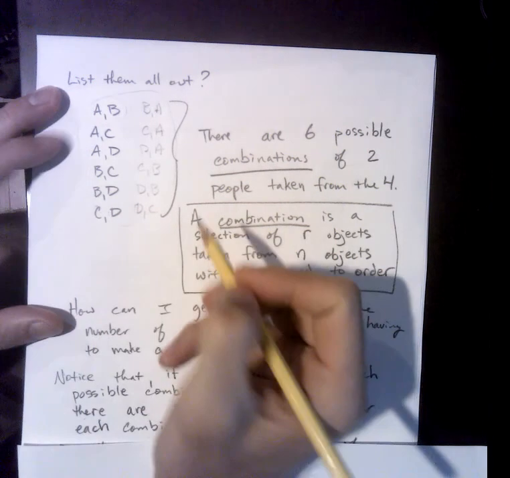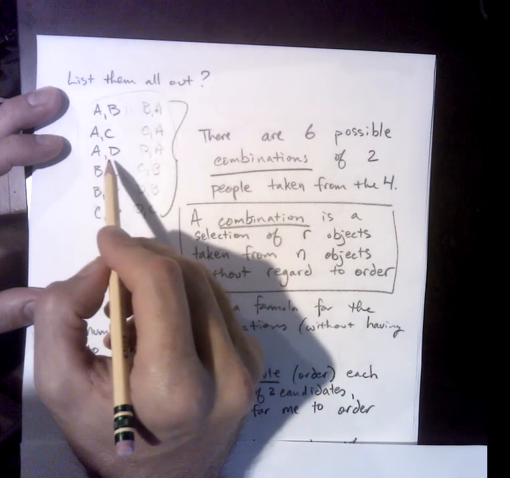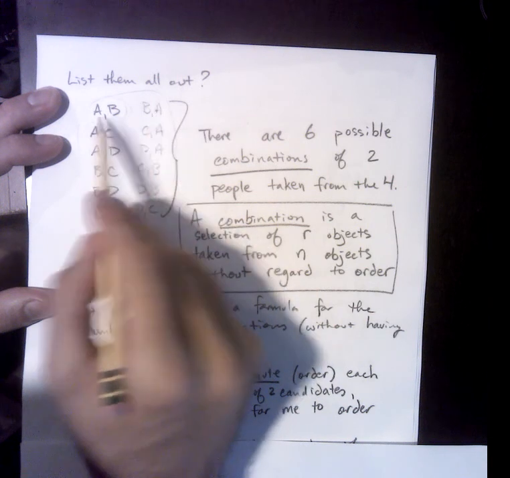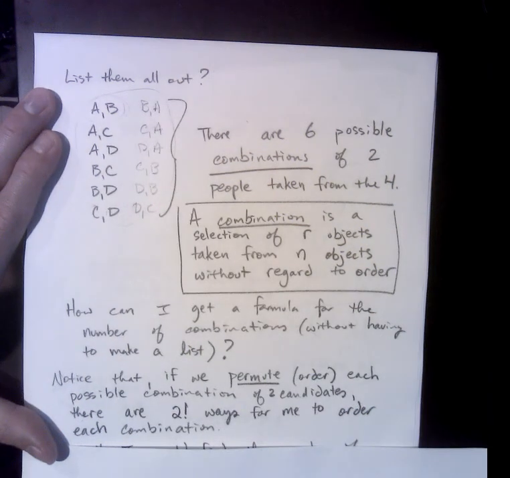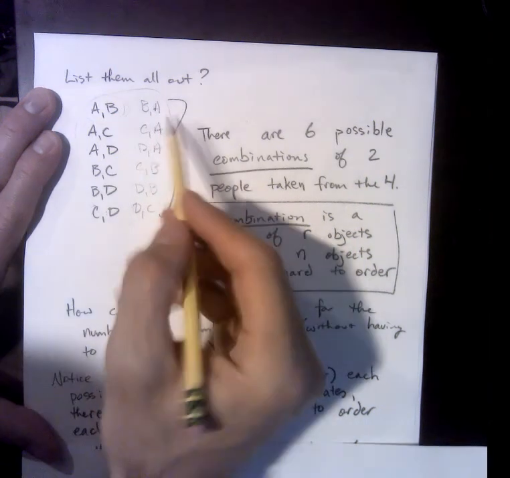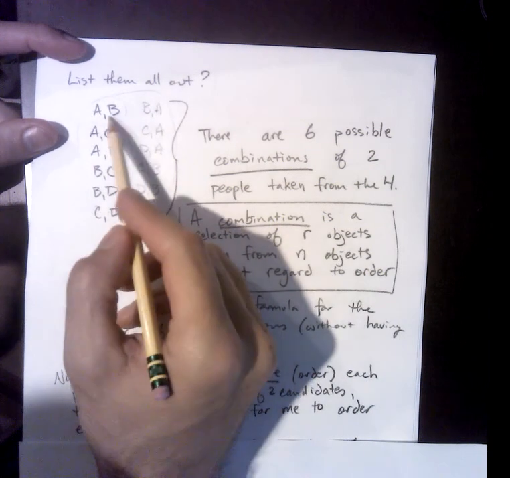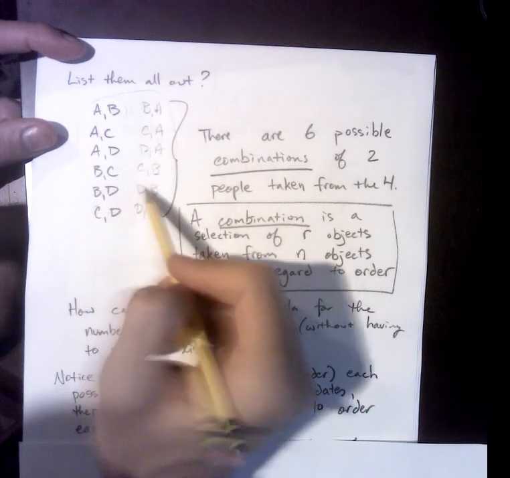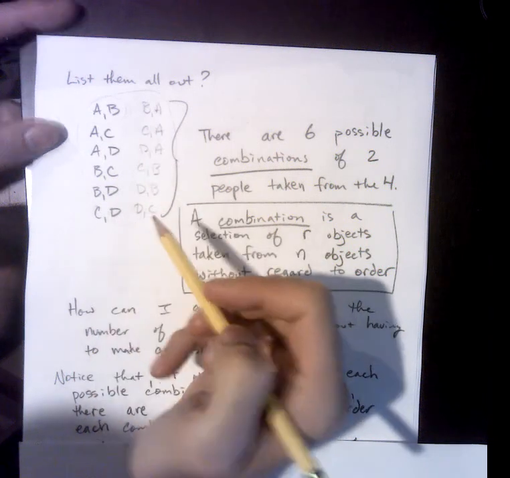If I take the number of combinations and figure out how many ways there are for me to order each combination, then I get a list of permutations. So this is the total number of permutations here. Now I have 12 permutations. I've selected and I've ordered.